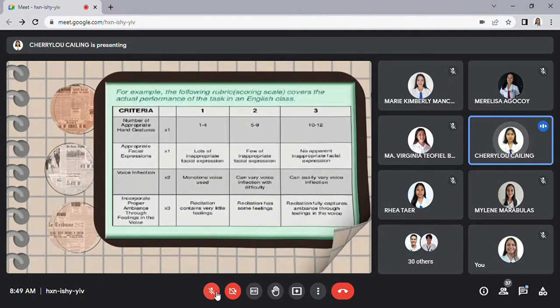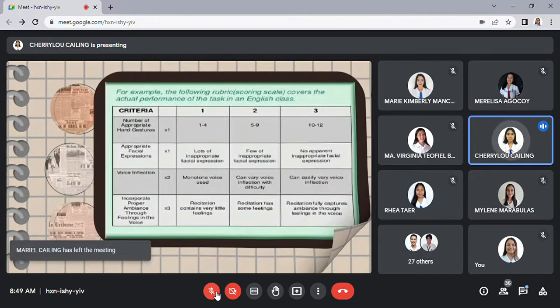So for the third criteria, which is the voice inflection, ang score or ang points ani is times 2. 1 if the monotone voice is used. 2 if can vary voice inflection with difficulty. 3 if it can easily vary voice inflection.